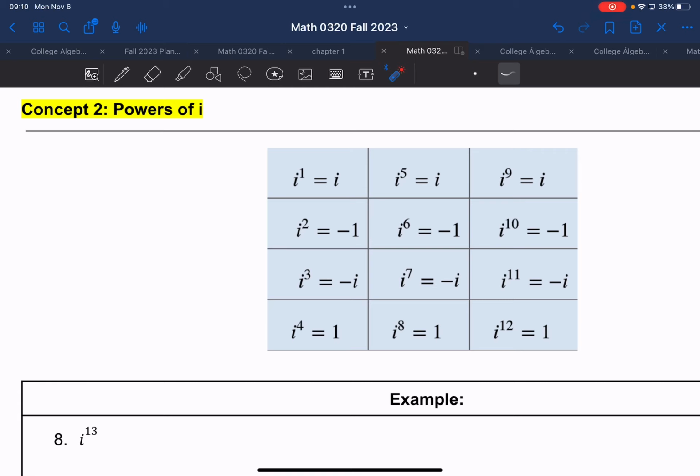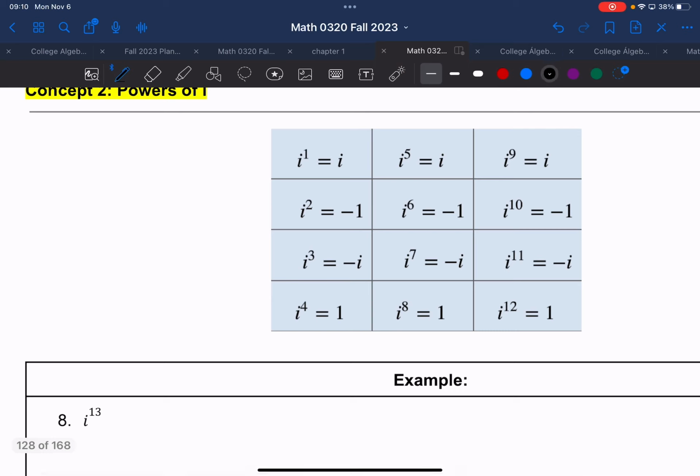If it's being raised to a positive odd power, it's either going to be i or -i. So we're going to keep that in mind.